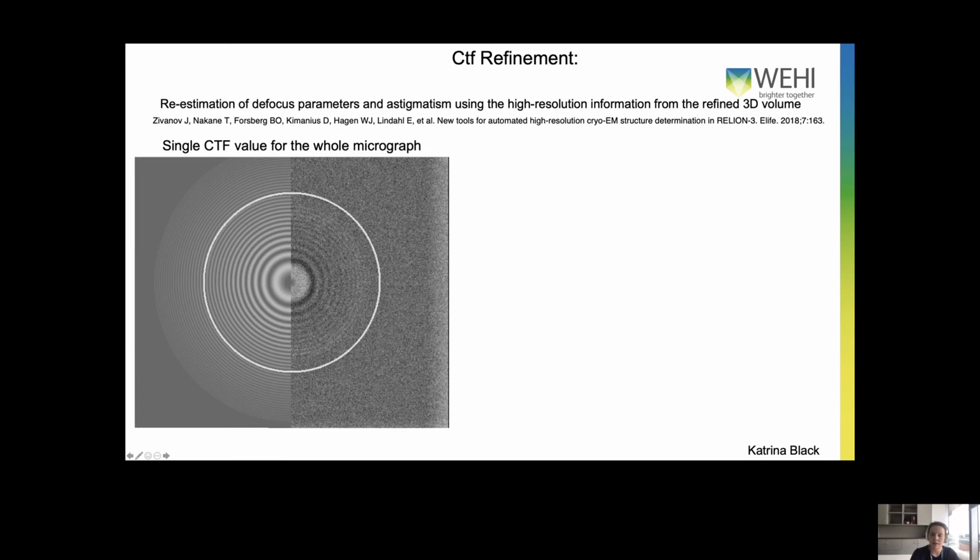So another method to enhance the resolution is the CTF refinement. This is also done at the very end, when you already have the information on the 3D volume. So again, when we started the data processing, we estimated a single CTF value for the whole micrograph based on Thon rings.